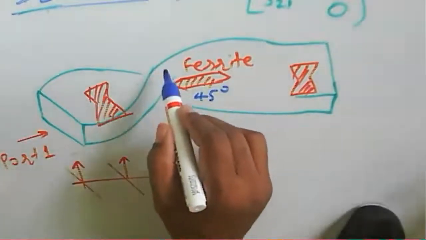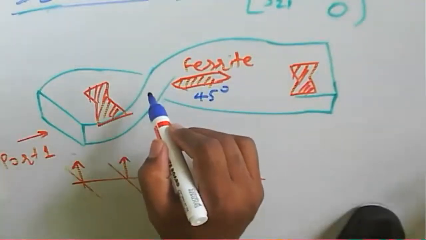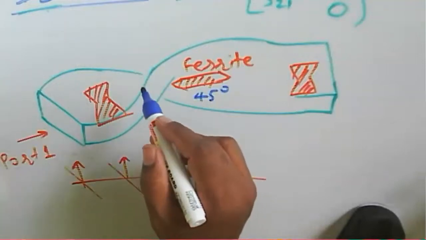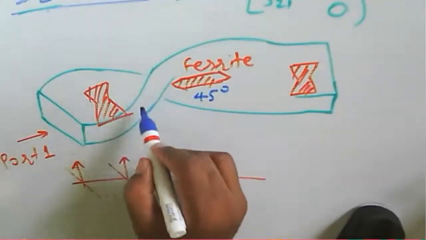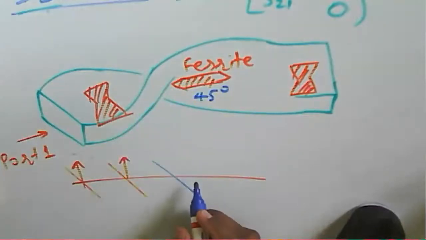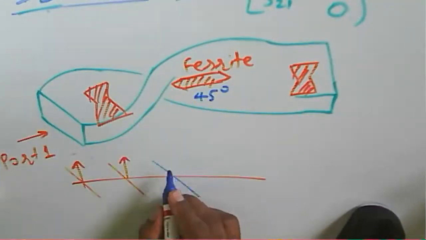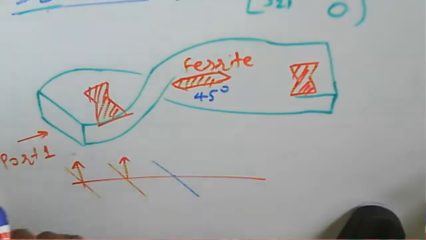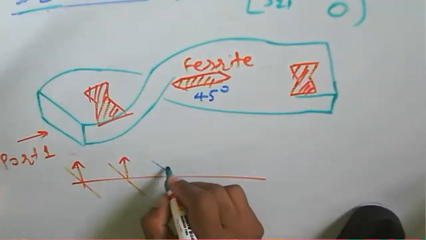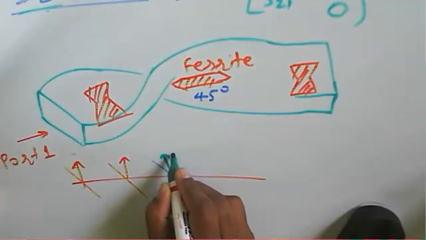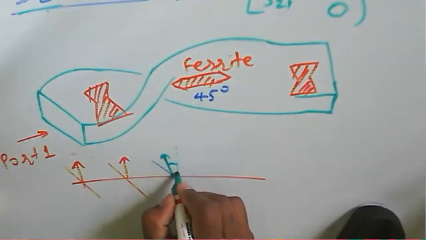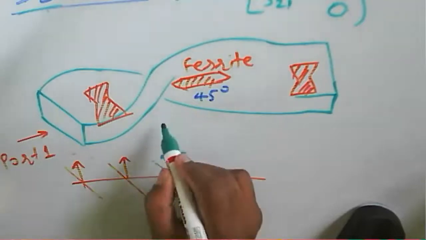And the rectangular waveguide has a 45-degree twist. Because of this particular twist, we are expecting that the signal will be twisted by 45 degrees.